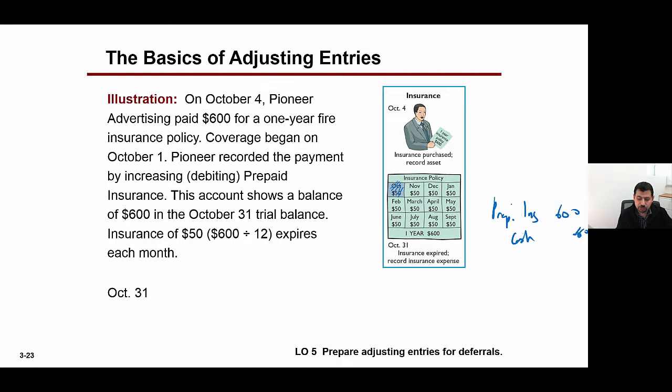We need to expense the part that was used in October, that's $50. So as a result, we decrease prepaid insurance, which is an asset, by $50, and we have used this as insurance expense. So this insurance expense has increased by $50. So we debit insurance expense 50, we credit prepaid insurance 50.